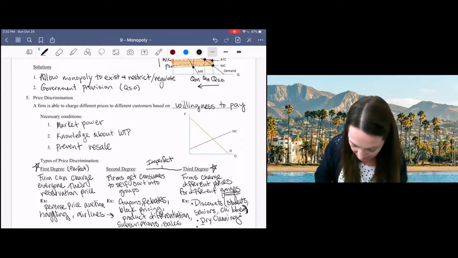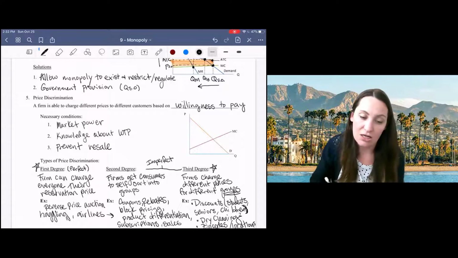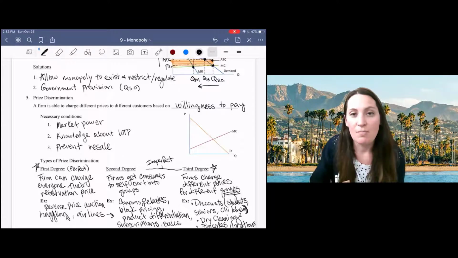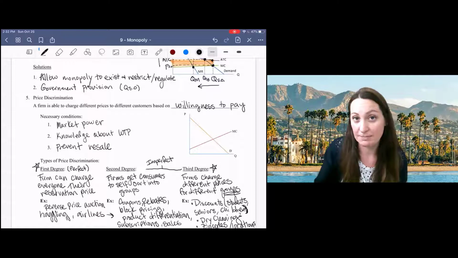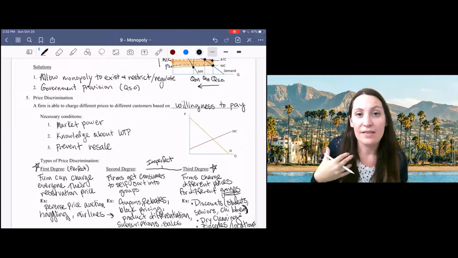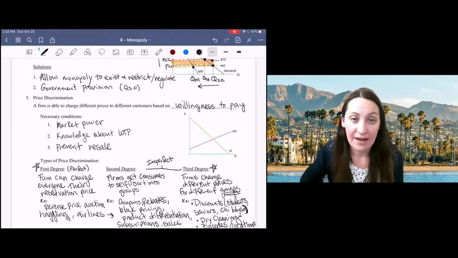And then we also have seen price discrimination based on location or zip code. Again, these are differences in price that are not explained by differences in the cost of production.